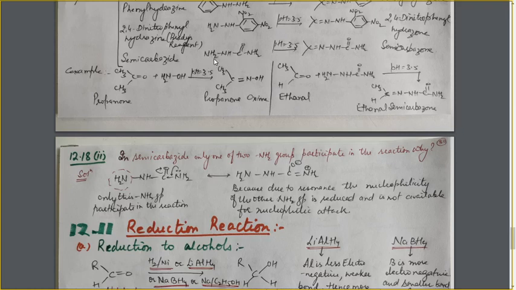The H2 part of the NH2 group will be lost with this oxygen atom as an H2O molecule. Here there are 2 NH2 groups, but only this NH2 group is participating in this reaction and not this one. Why is this so? It is also question 12.18 from the exercise, second part. In semicarbazide only one of the 2 NH2 groups participates in the reaction and not the other one.